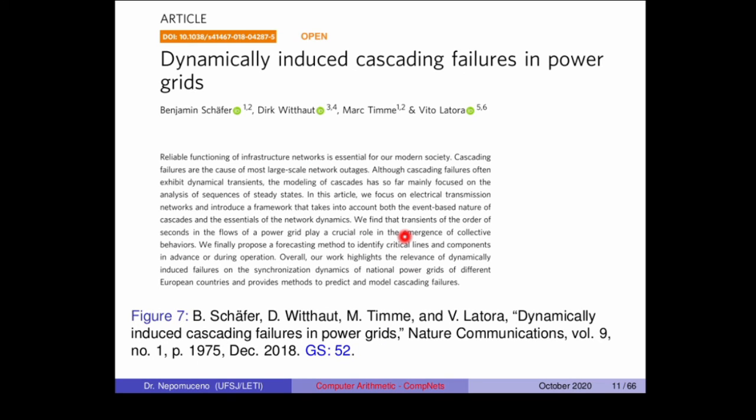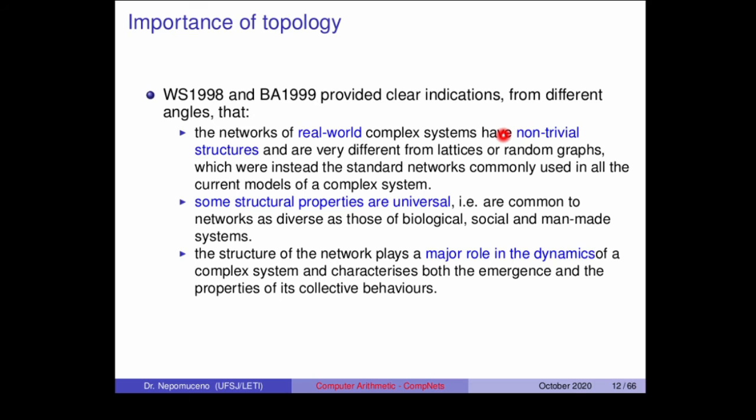And a more recent paper, from 2018, is about dynamic-induced cascade failures in power grids. From the perspective of electrical engineering, it's a very nice paper because you can see effects that can be investigated in a power grid from the complex network perspective.